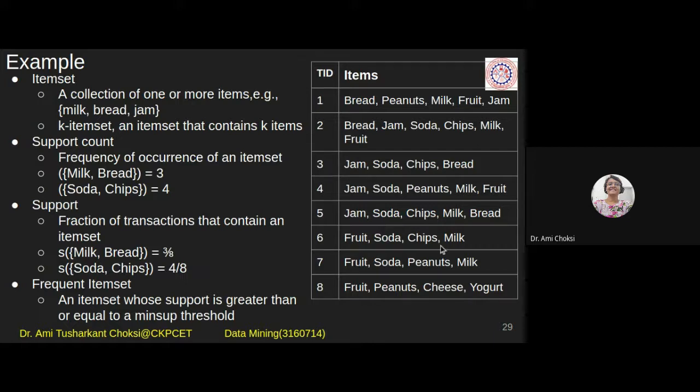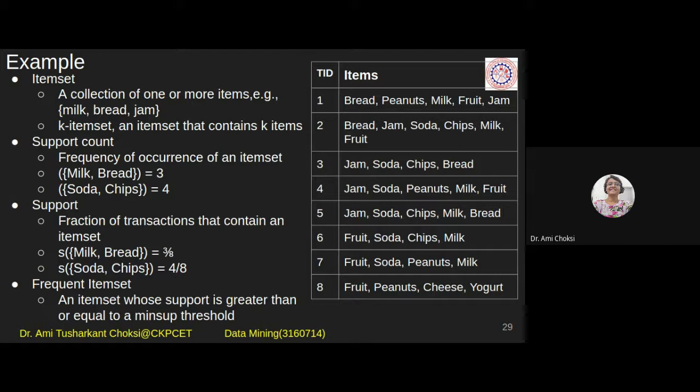Soda and chips, count is 4. Soda only, no chips. So count is 4. Right? Whether it is frequent or not. Yes, because I said you that minimum support count required is 2, right? So it is greater than or equal to that 2 and that is why that combo is required. Got it? Fine.